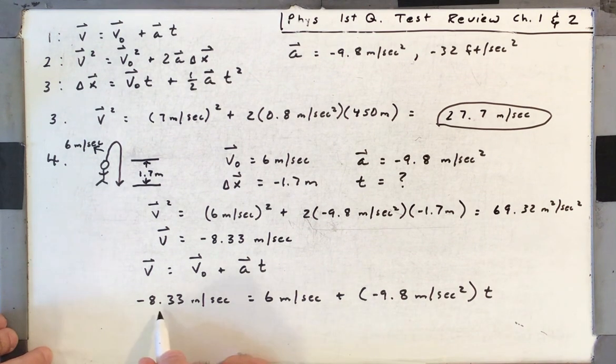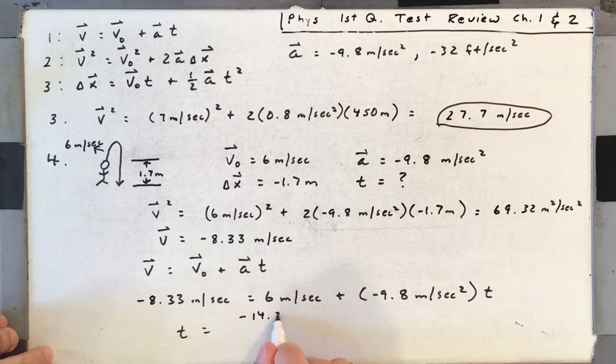So if I move this 6 over to the left, make it negative, and then divide by negative 9.8, I'd have time is negative 14.33 meters per second divided by negative 9.8 meters per second squared.